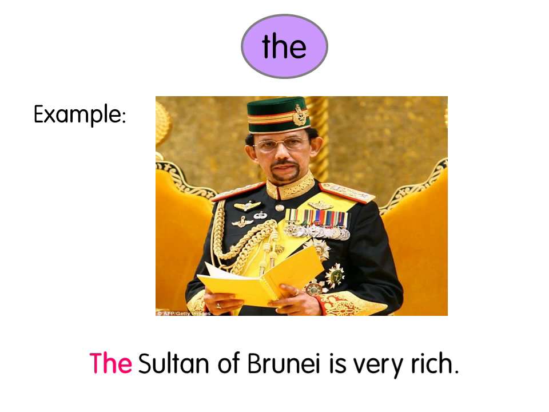Alright, let's see the examples in sentences. Okay, can you think how many sultans there are in Brunei now? Of course, there is only one sultan. So we say the Sultan of Brunei is very rich.